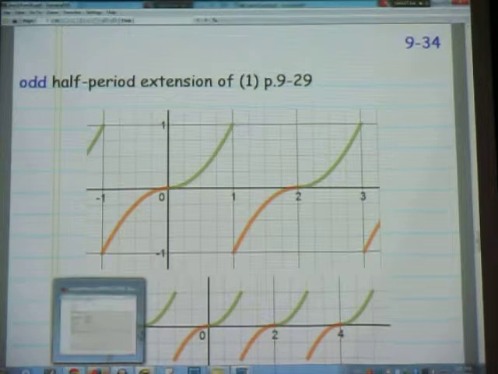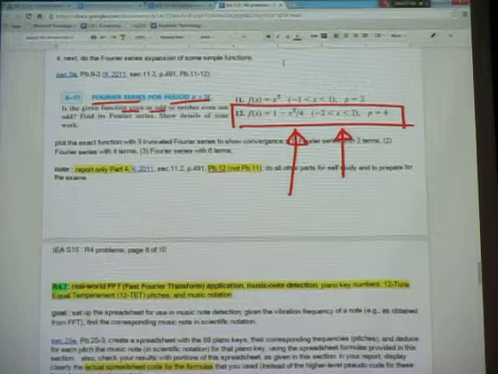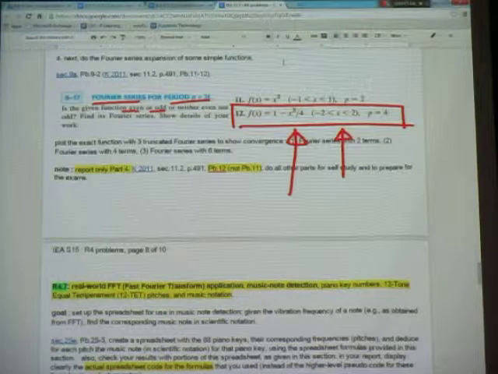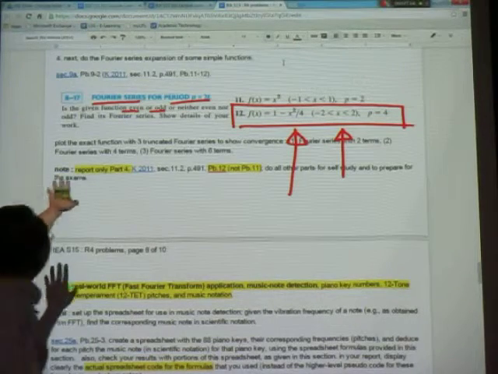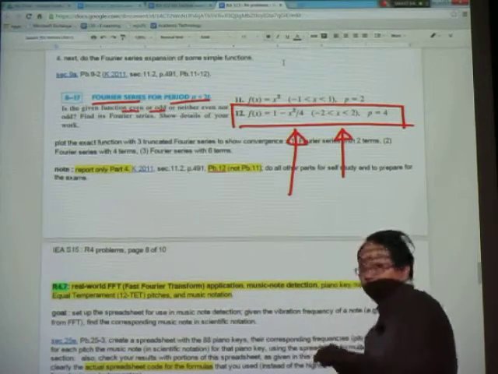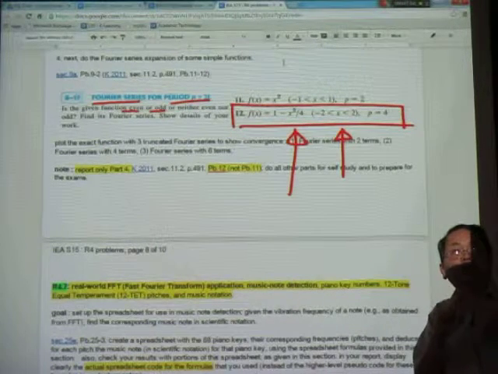Let me go back to this problem. The next step is to find the Fourier series. So odd and even, now you know how to determine not just geometrically but also analytically.